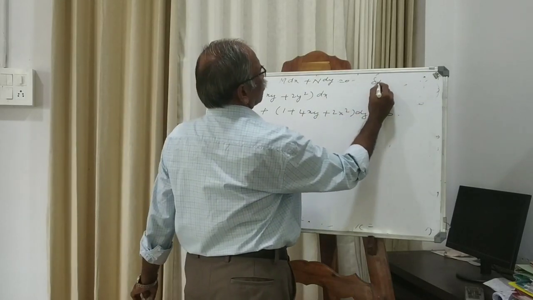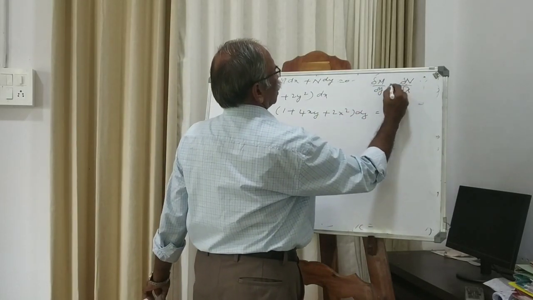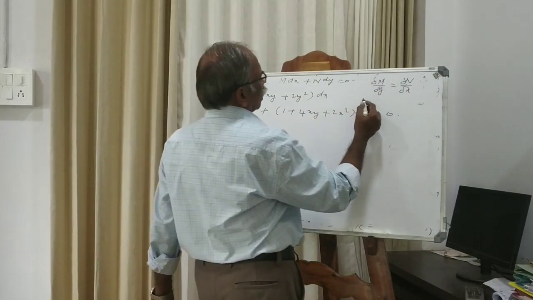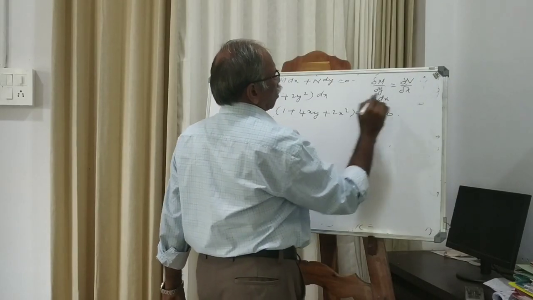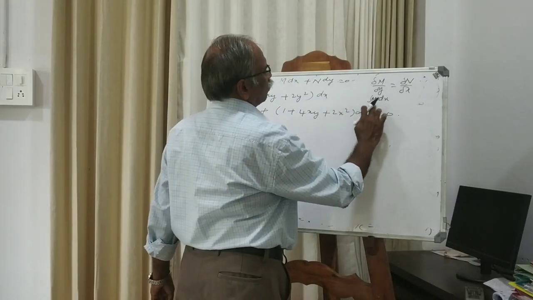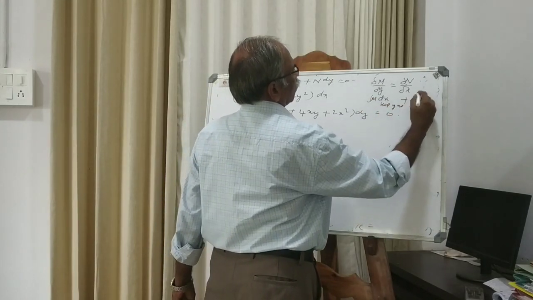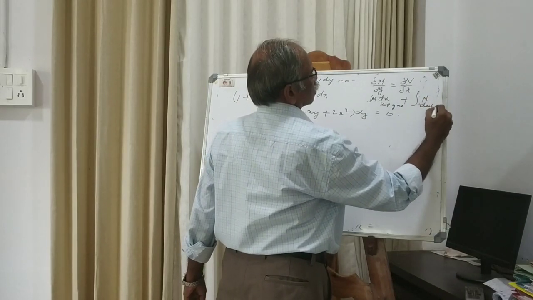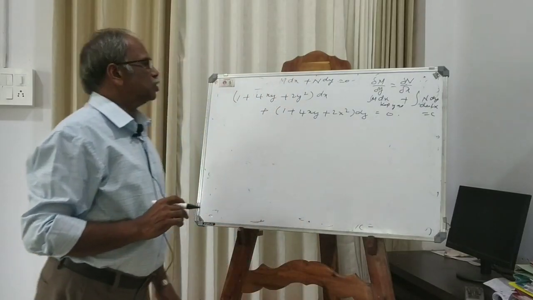We have to find partial dM by dy and partial dN by dx. If these two are equal, then the equation is exact. Then we integrate M with respect to x, keeping y as a constant, plus we integrate those terms in N which do not contain x with respect to y, then equate to a constant. That is the solution.